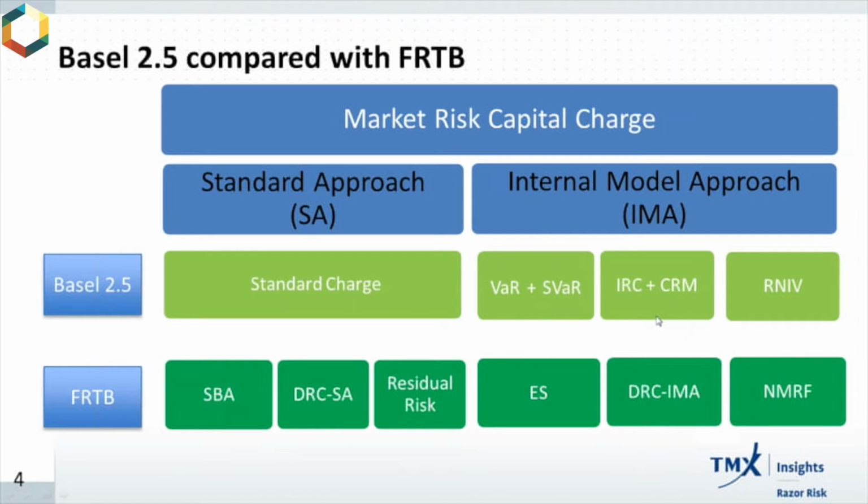And the CRM, which is the comprehensive risk measure, will be totally gone because under FRTB, securitization positions must use SA. And the risks not in VaR will be replaced by the non-modellable risk factor charge, and the idiosyncratic risk, including DRC and ESR, will also go here.